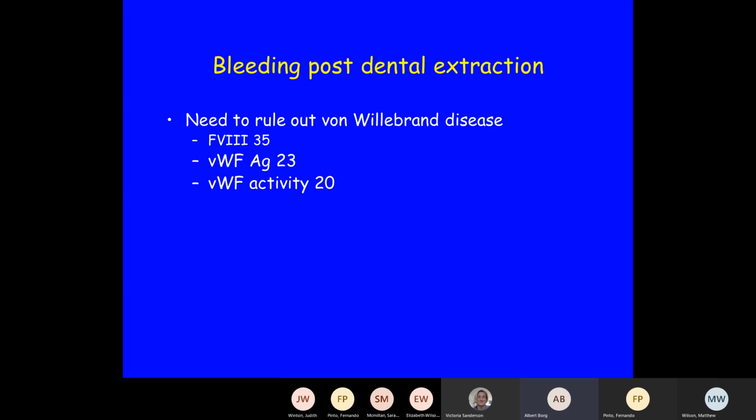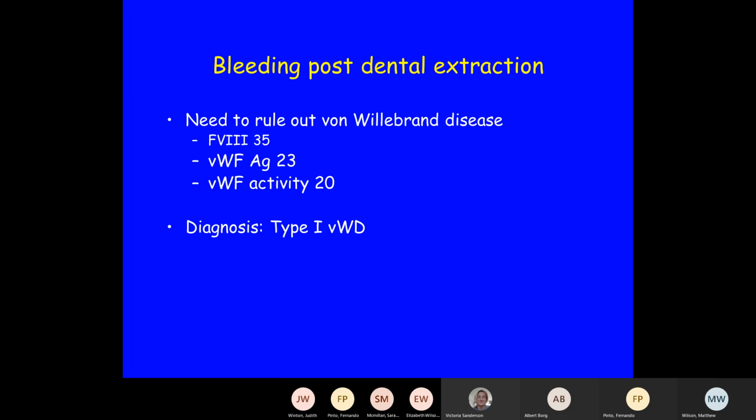So the von Willebrand molecule helps with carrying the factor 8 and increases its half-life in the blood. So when you don't have enough von Willebrand, the factor 8 will also reduce. You will still be able to make it because you don't have a problem with the factor 8 production of the gene. So the factor 8 is being made, but it's lasting less time in the bloodstream. So in this case, both the von Willebrand antigen and the activity were 20. Next.